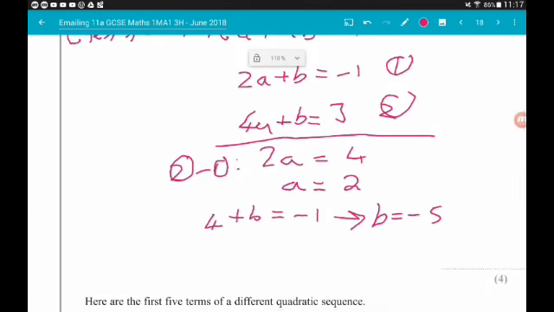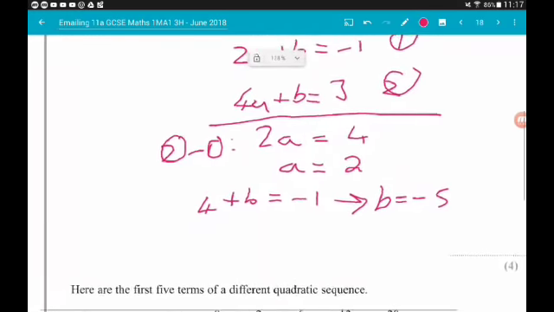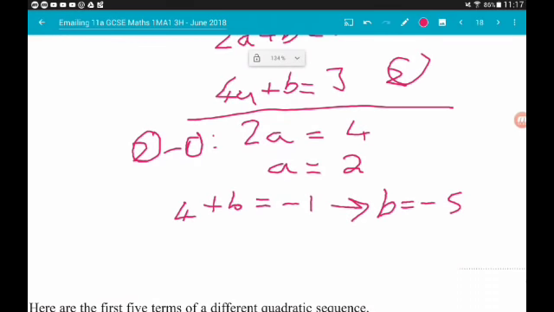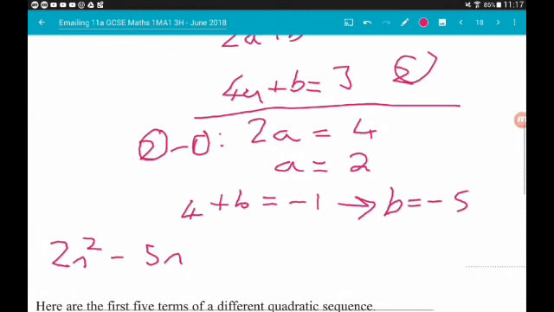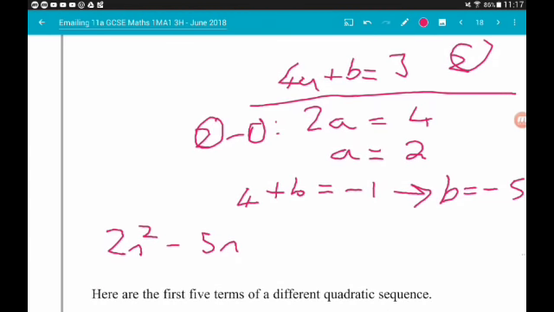So now we know the sequence is 2n squared minus 5n. So that is the sequence.